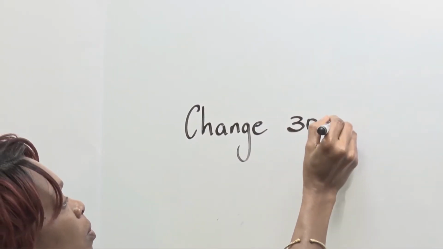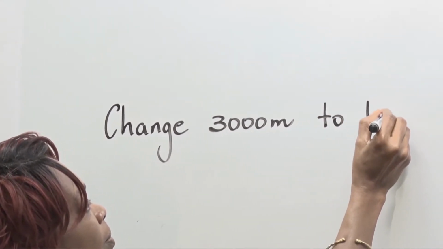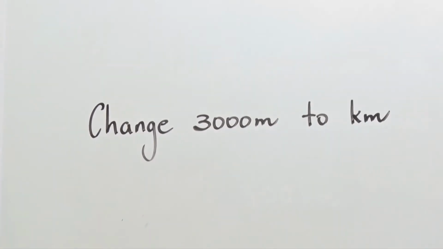Okay, boys and girls, now we are going to do something a little bit different. Look at the board with me. All right, now let's read. Change 3,000 meters to kilometers. Let's go back to the table.